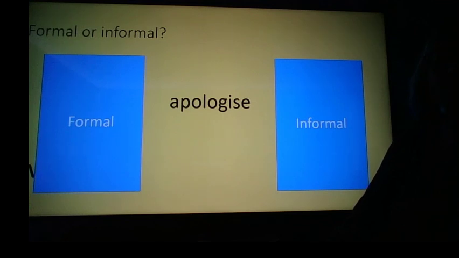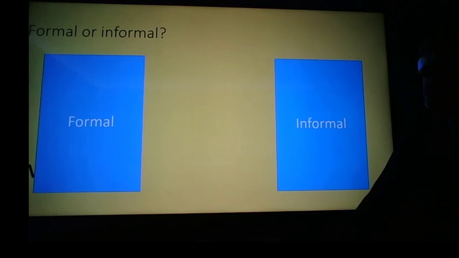Sometimes I will say, I apologise. I didn't know that was going to happen. Or please accept my apology. So is that formal or informal? It's formal. And so sorry would be to your friend, wouldn't it? Well done. Yes, Ezra, it is formal. So sorry would be the opposite, which is informal.